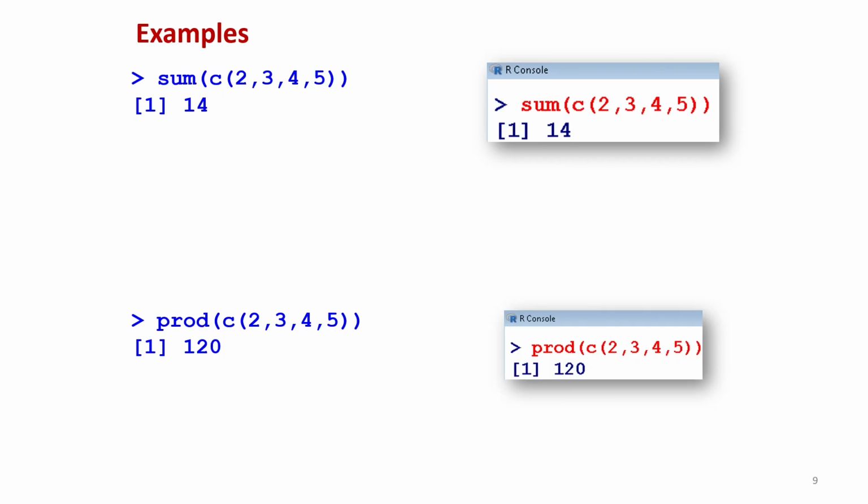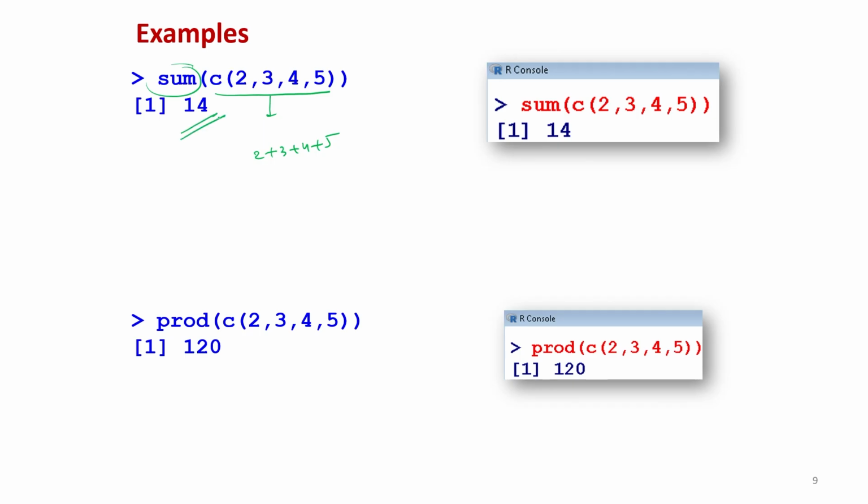Similarly, if I give you one more example, say sum. Suppose I want to find out the sum of the numbers in the data vector which has 4 values: 2, 3, 4, 5. So, this is trying to give us 2 plus 3 plus 4 plus 5. I simply have to write the built-in function SUM, and inside the parentheses I have to give the data vector, and this answer will come out to be 14.